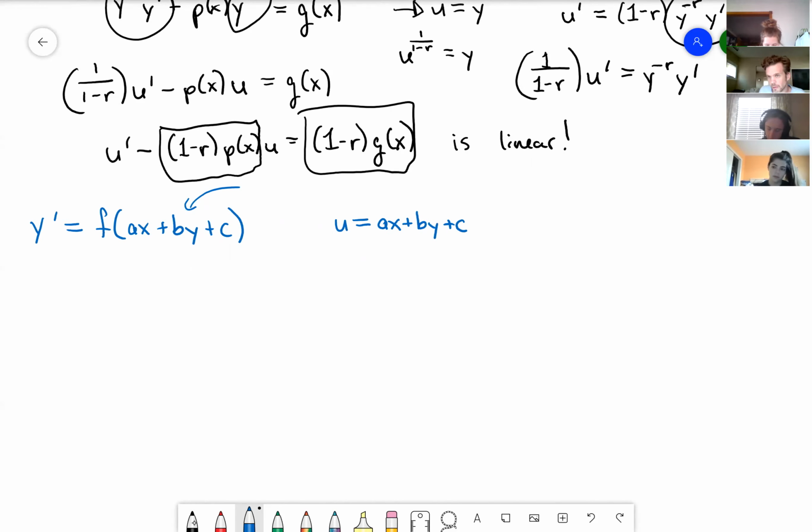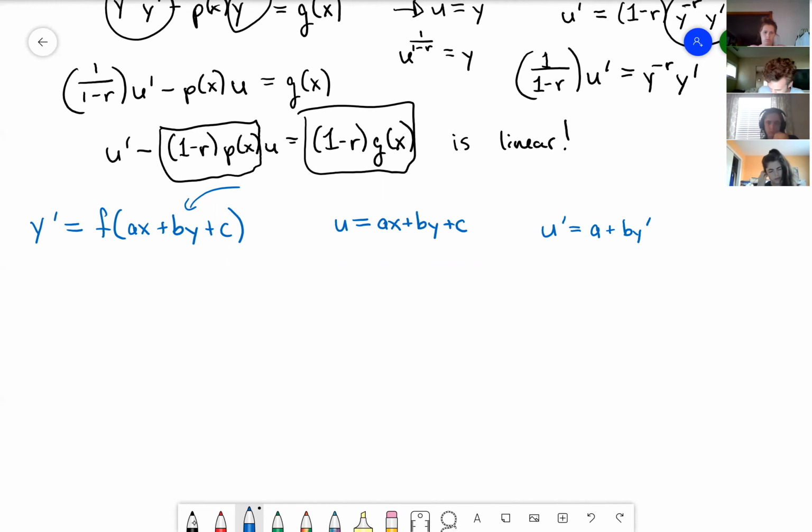And again, we'll figure out what u prime is. So u prime is going to be equal to, let's see, the derivative of ax with respect to x is just a. The derivative of by with respect to x is by prime. And the derivative of c is just 0.